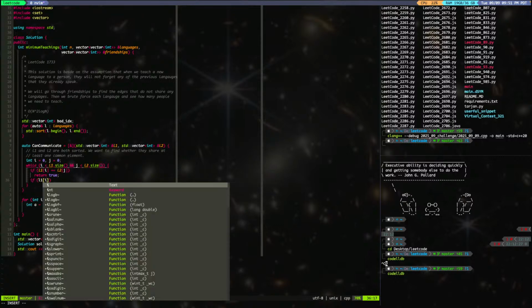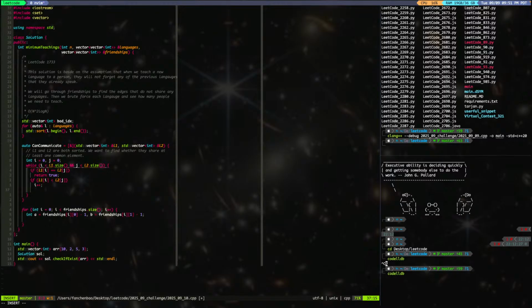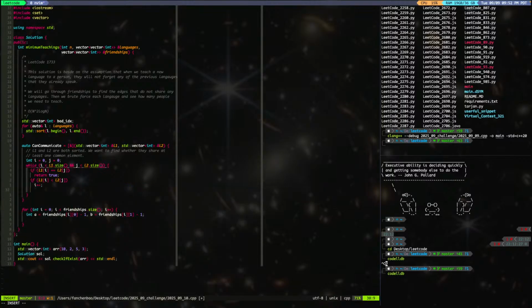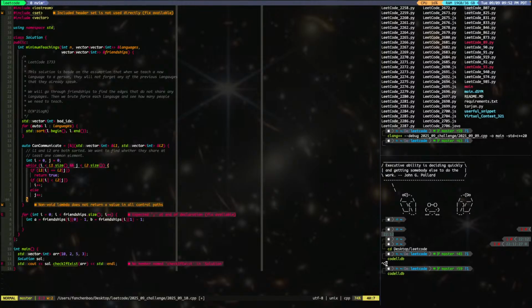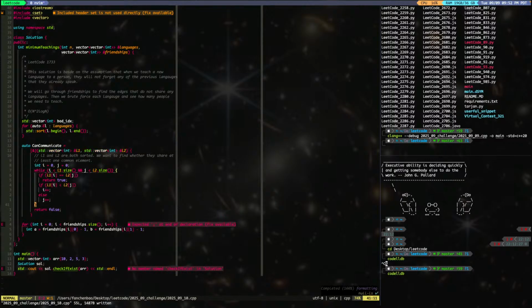Otherwise, if L1[i] is smaller than L2[j], then i++, else j++, and then we return false. So if it's equal, we return true; otherwise the smaller one moves forward.